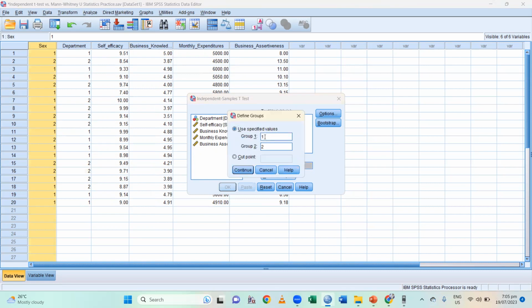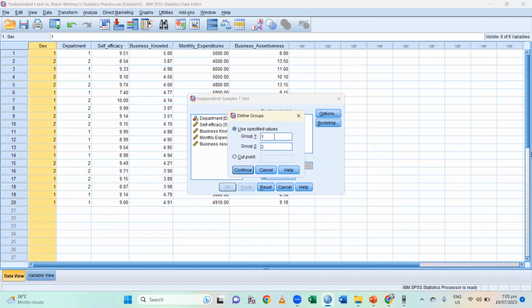For group 1, type in 1. And for group 2, type in 2. You might be asking, sir, why? What's the purpose of that? Because if you could remember with our legend earlier, 1 represents males and 2 represents females.